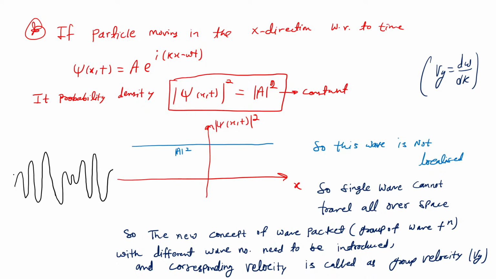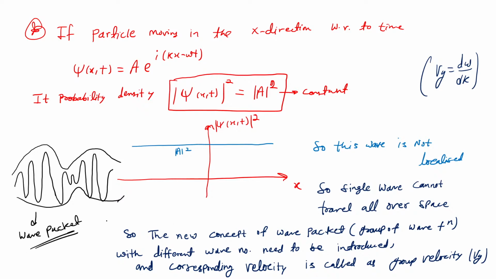The covering of the wave packet is called the envelope, and the velocity of this envelope is your group velocity. So this is a wave packet. A wave packet is not a single wave, it is basically a group of wave functions.